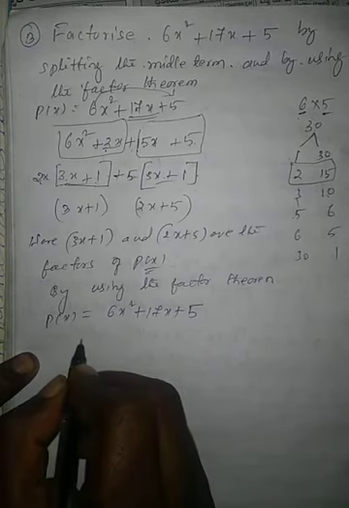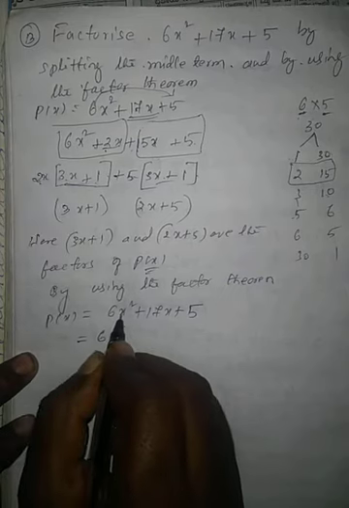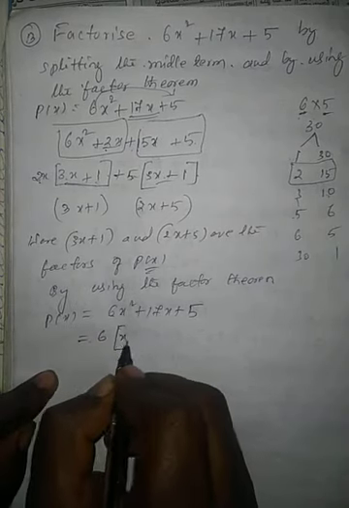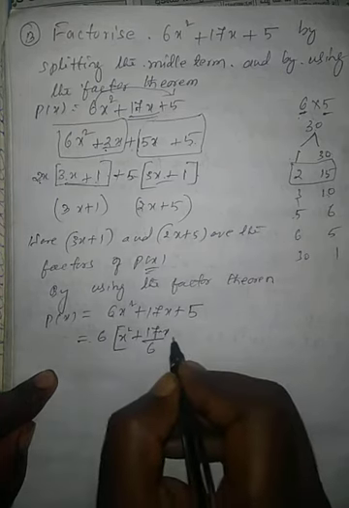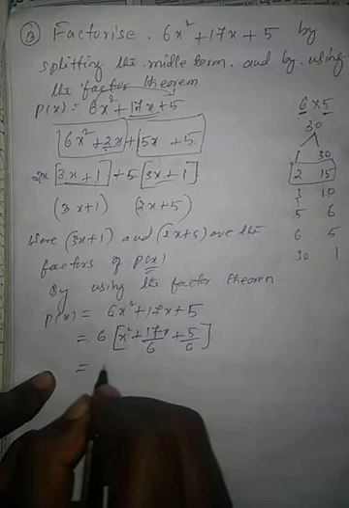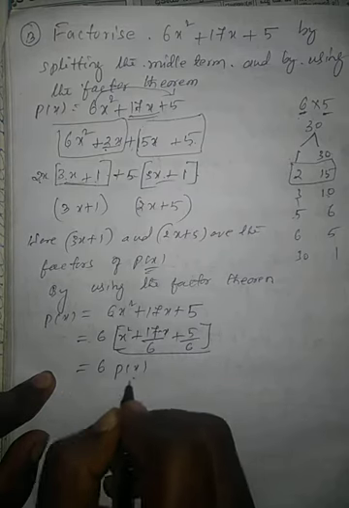Here you can take 6 as a common factor, so p of x equals 6 into x squared plus 17 by 6 x plus 5 by 6.